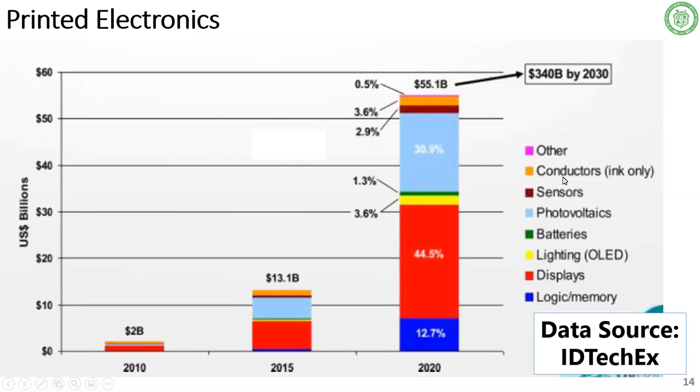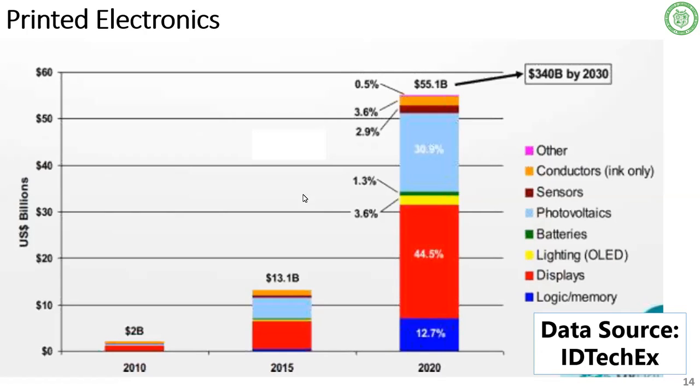And there are others as well. There are conductor inks for PCBs, then sensors at 2.9. And these are basically logic and memory. There are also printed logic and memory, that is 12.7% of the total market. Now, it's a very rapidly growing industry.